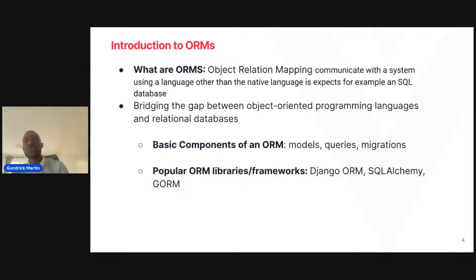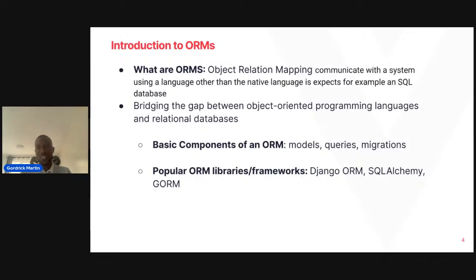They help you bridge the gap between your object-oriented programming, whether that's a Django app or Java, and your relational database. Some basic components: you have your models, where you define your object. Whether this is a user object or the one most backend engineers start working on, the notes app.